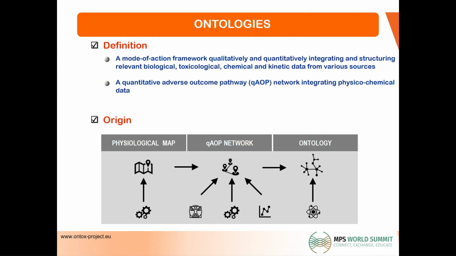And then this serves as the further basis for the actual ontology, which in practice is exactly the same as a QAOP network, with the difference that it additionally takes into consideration the physicochemical properties of the chemicals that induce that AOP, or specific key events in that AOP.